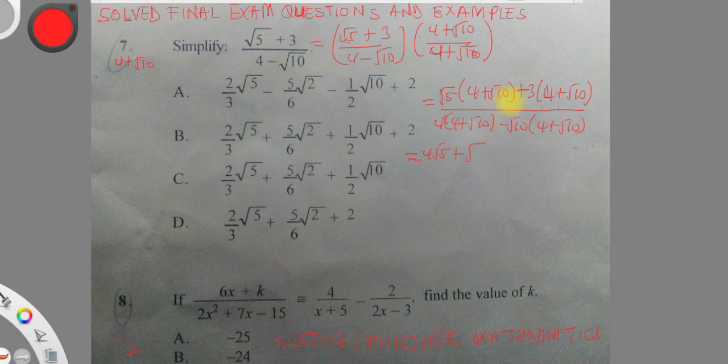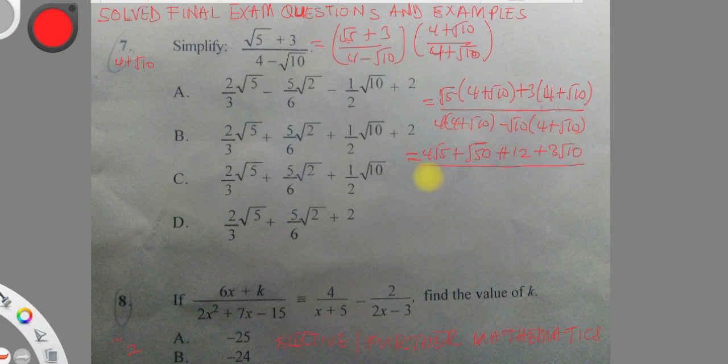When you finish, you will still have to simplify this. Then for the 3, plus 3 times 4 is 12, and then plus 3 times square root of 10, you get 3 root 10. Put it down all over.